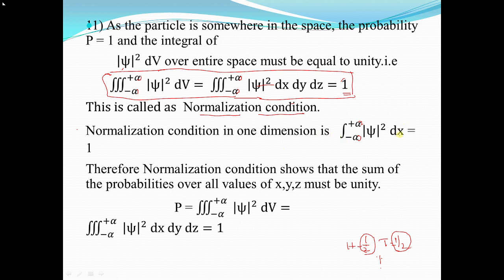Instead of dx, you can take dy or dz also. So the normalization condition always shows that the sum of the probabilities will be equal to 1. This is about the physical significance of wave function psi. If they ask for the importance of wave function psi, till here you need to write.